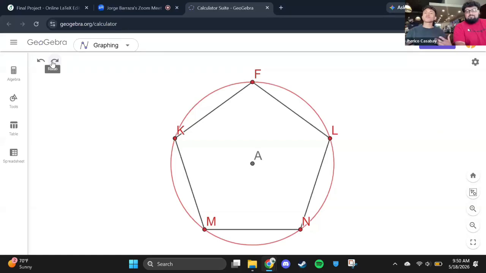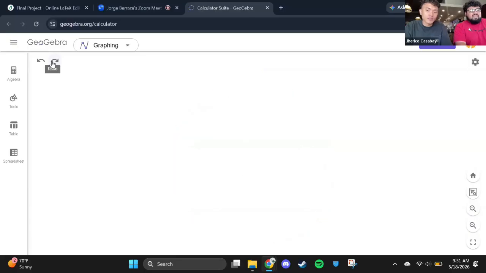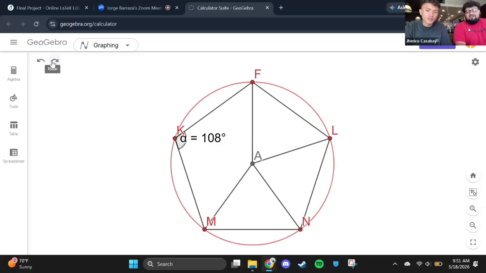Using a straight edge. And now from this construction, we get that the angle 108, which is equivalent to 3 pi over 5, is a constructible angle. We can also take these isosceles triangles, because since A is the center of the circle and F, L, N, and M are all points on the circle, we know that the distance between the center and those points on the circle is going to be the radius length.